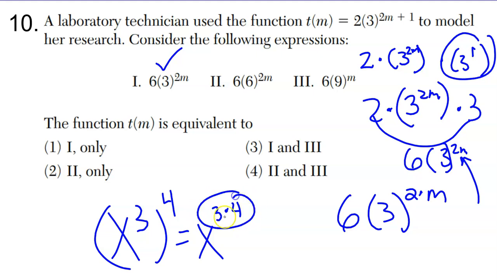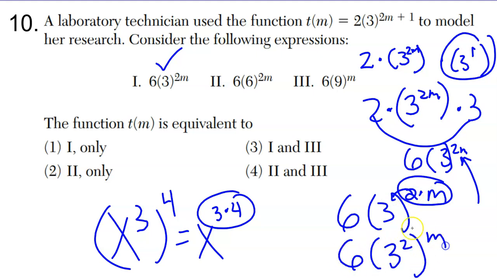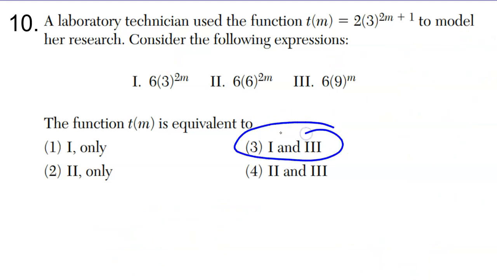So before I got to this, the power used to be inside. So it looks like I can write this like that as well. And 3 to the second power is also known as 9. So this one is also true. So the answers are 1 and 3 only. 1 and 3.